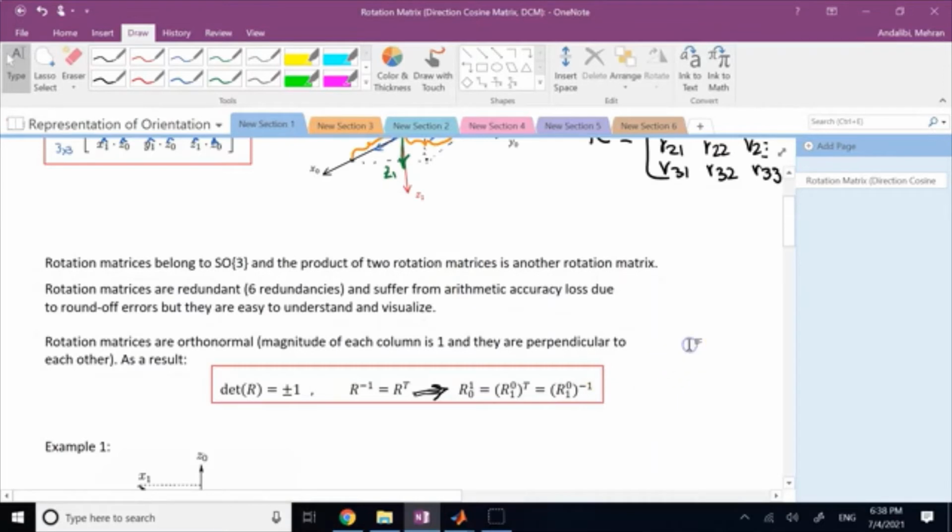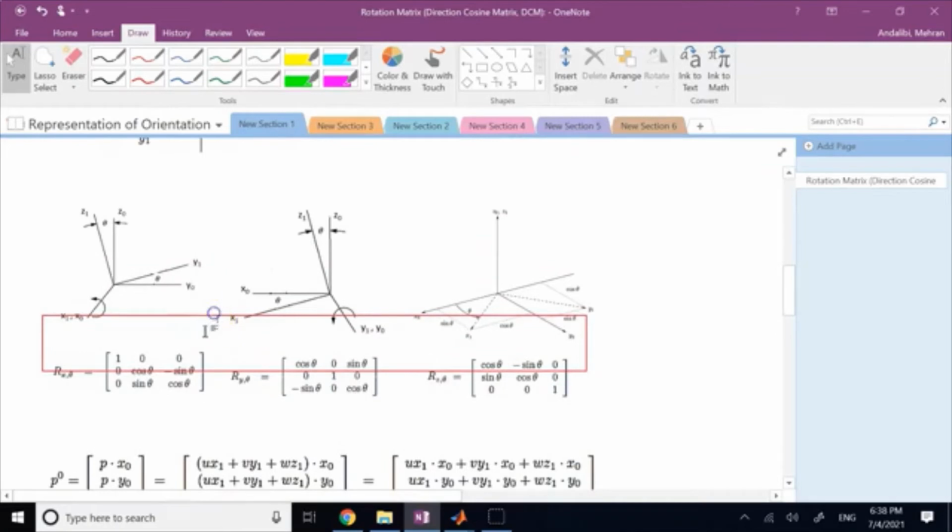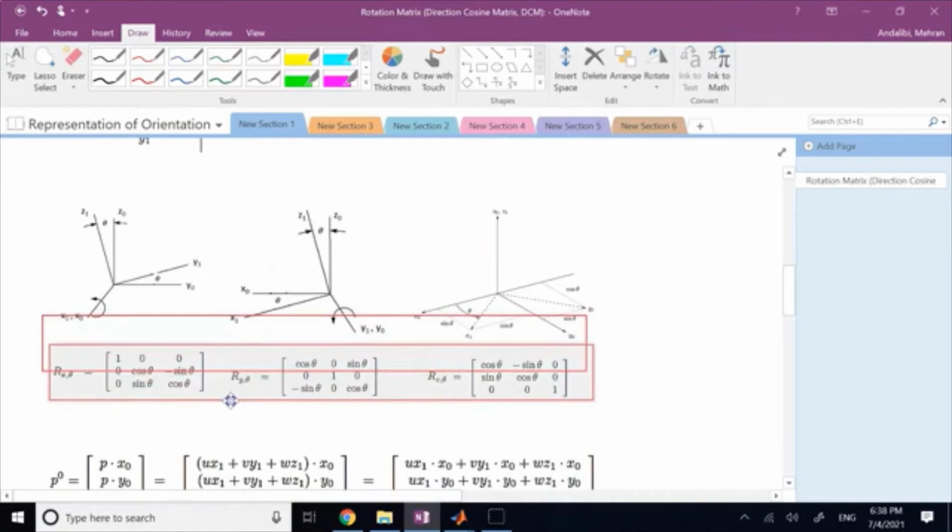Now, to give you an idea, I know I have to go into the formulas deeply and show you, but it's a good idea if I just show you a demo of it very fast right now. One of the rotation matrices that you will see later, and I'm going to prove it to you, is a rotation matrix like this.